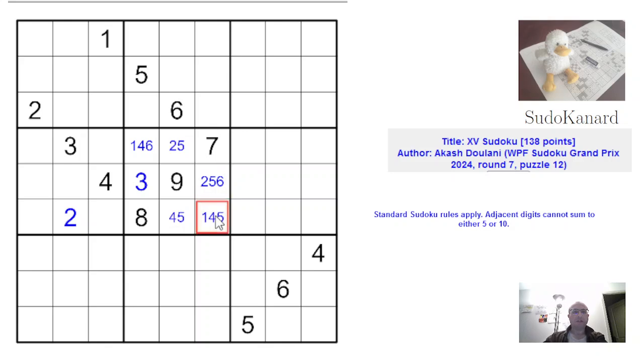So that 6 is forbidden here. And I think 4 is forbidden. 4 forbids this from being a 6. And now you can see that's not possible. 2 and 4 here, there's no value for this. So 4 doesn't work.